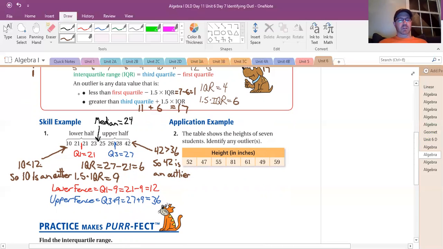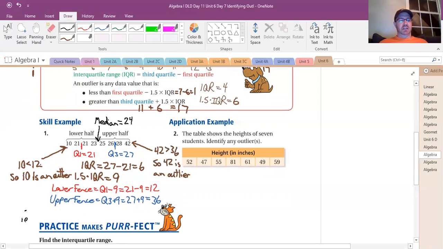Okay. Now, let me just quickly sketch for you the box and whisker plot for this, okay? Because this is something that does make a little bit of a difference, all right? So I'm not gonna draw the entire number line, but I will show you this. We have a minimum value at 10, okay?